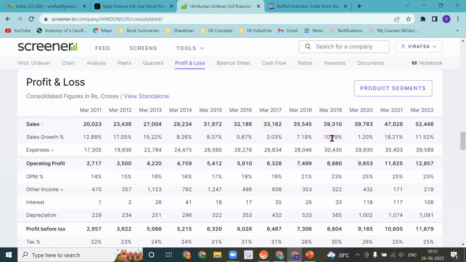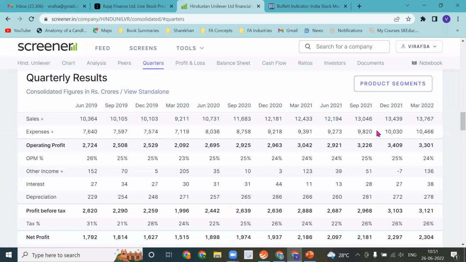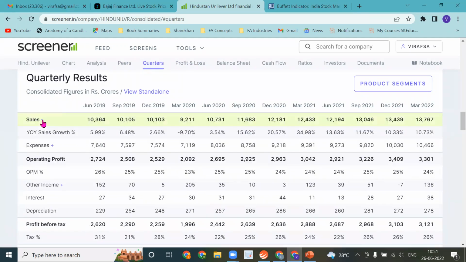See here. Because on this low base, this was high. But because on the high base, this has become low. See, the expenses are increasing tremendously. The margins are reducing. The profits are reducing. See the quarterly figures. This is year-on-year sales growth.